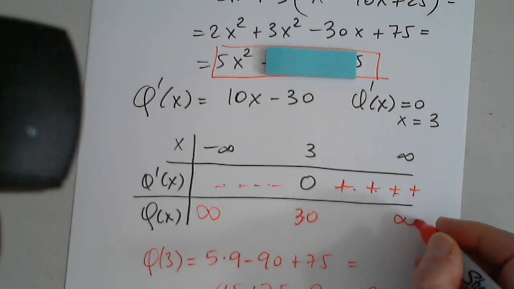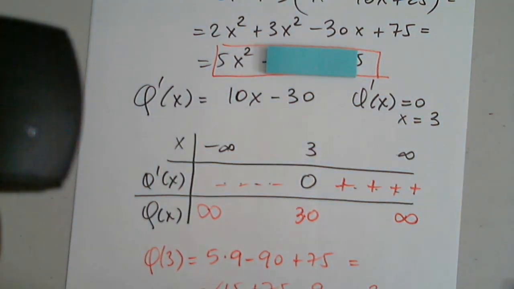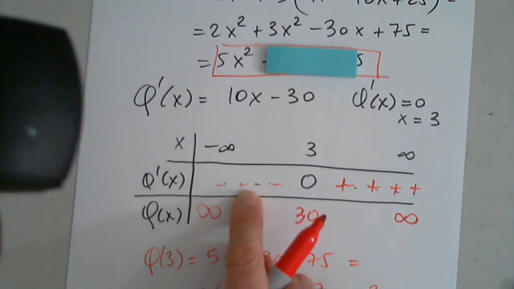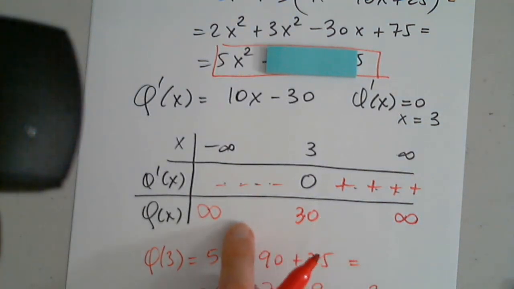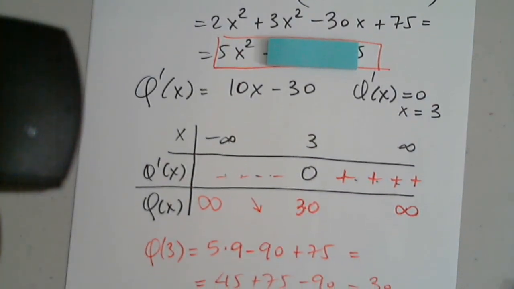When x approaches infinity, where will the function go? Negative infinity. But is it possible, like 5x squared? Oh, yeah, you're right. Excellent. So what does the function do? Decrease. Is this correct? Yes. It's decreasing from positive infinity to 30.